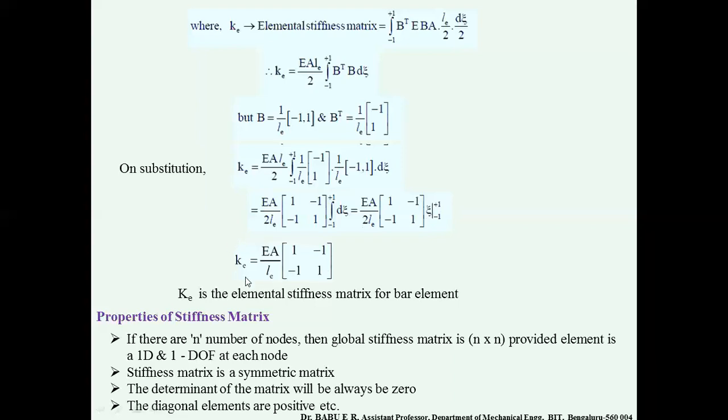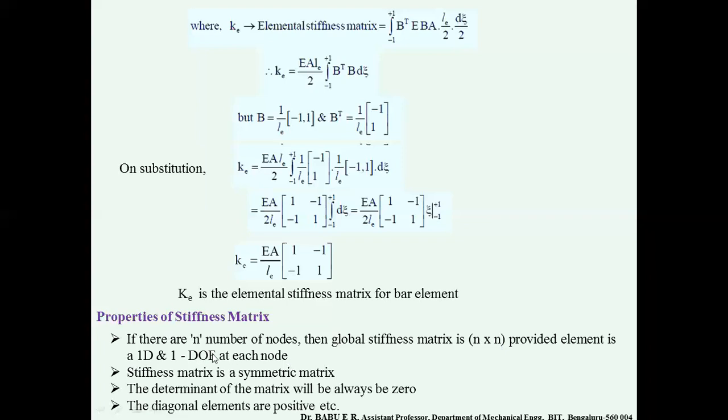Once we derive the elemental stiffness matrix, it will have some properties. So, properties of the stiffness matrix. The first property is if there are n number of nodes, then the global stiffness matrix will be n cross n, provided the element is 1D and has 1 degree of freedom at each node.